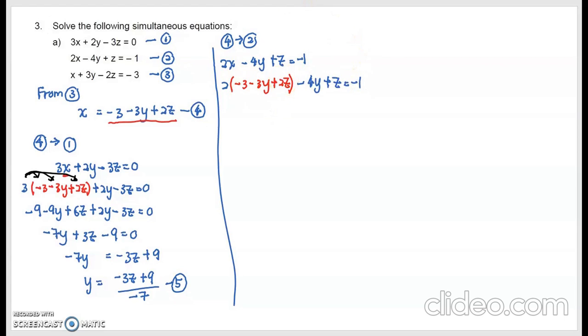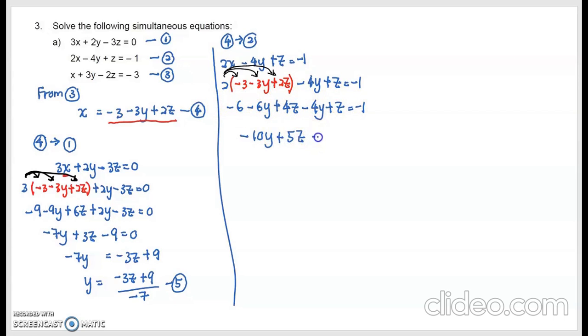So I try to expand. Like the previous example, 2 times negative 3, 2 times negative 3y, 2 times 2z. So from here, I should have negative 6 minus 6y plus 4z minus 4y plus z is equal to negative 1. Again, negative 6y minus 4y, negative 10y. 4z plus z, 5z.